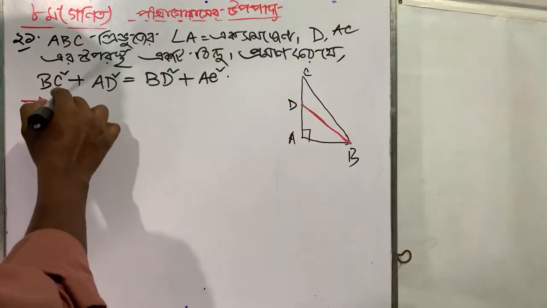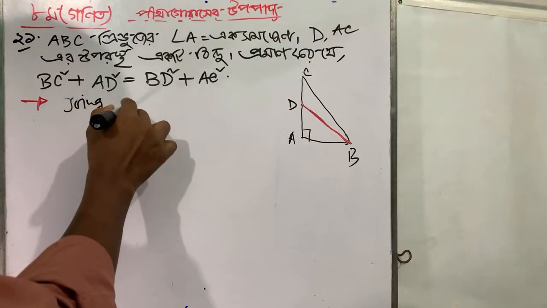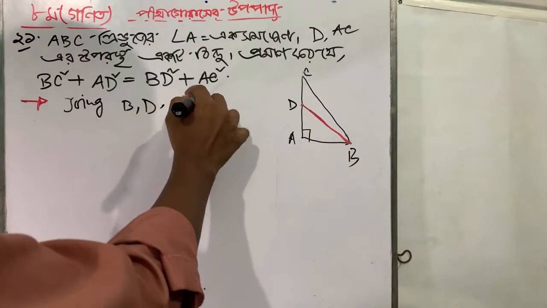So you have to actually mention that joining B comma D, we get BD.